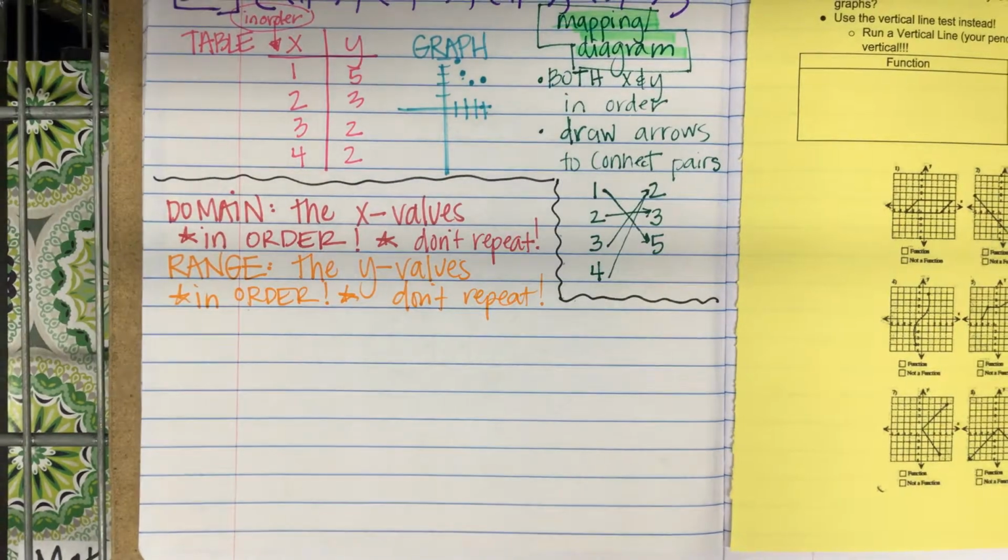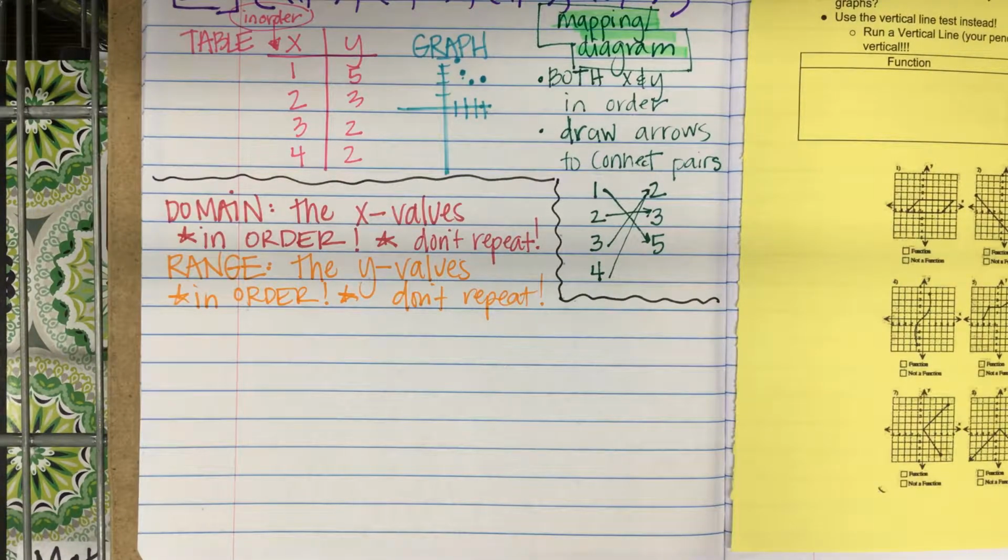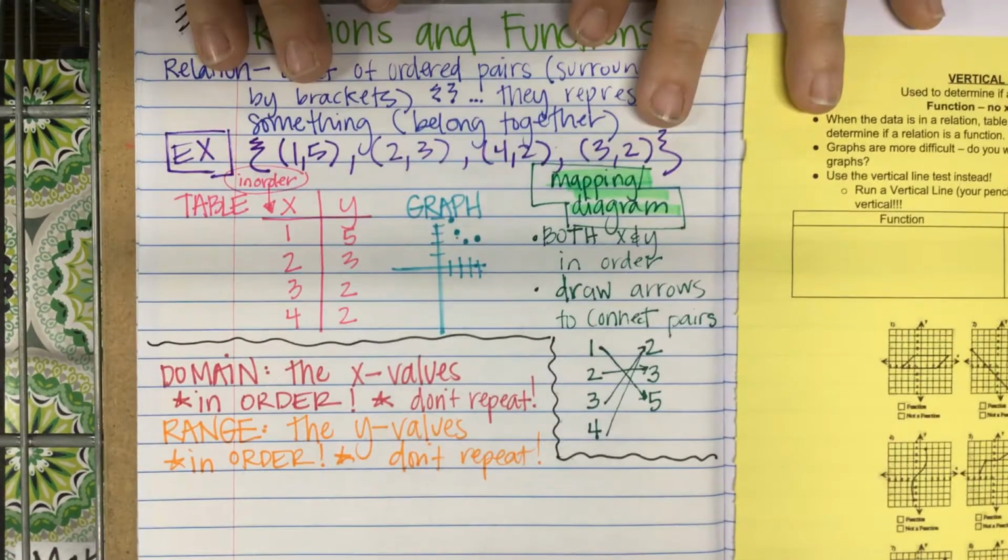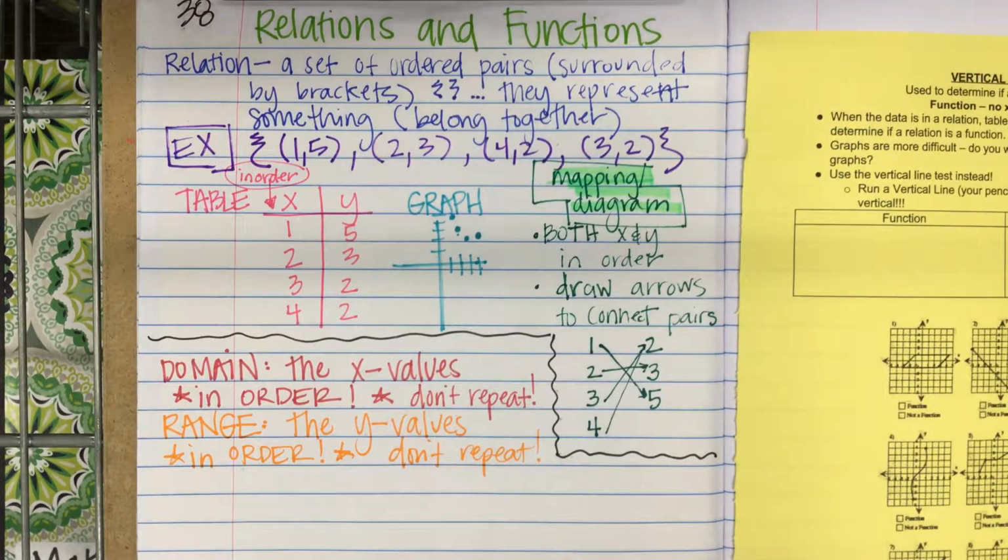So in that example relation that we did up top, if I said, here's a relation, it's written there in purple, you'd say, yes, Mrs. Long, that is a relation, because it's ordered pairs and they're in brackets. If I said, can you tell me the domain?